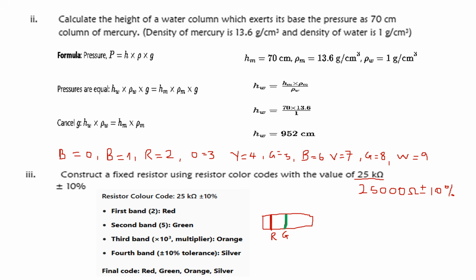There are 3 zeros. So that means the third band is an orange. Remember, the third band represents the number of zeros, and there are 3 zeros here. That means it's orange. Orange gives us the number of zeros.